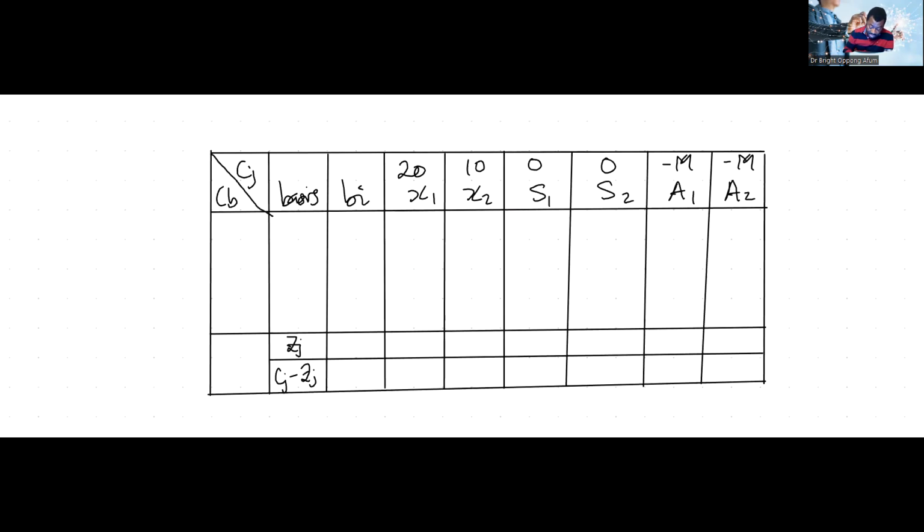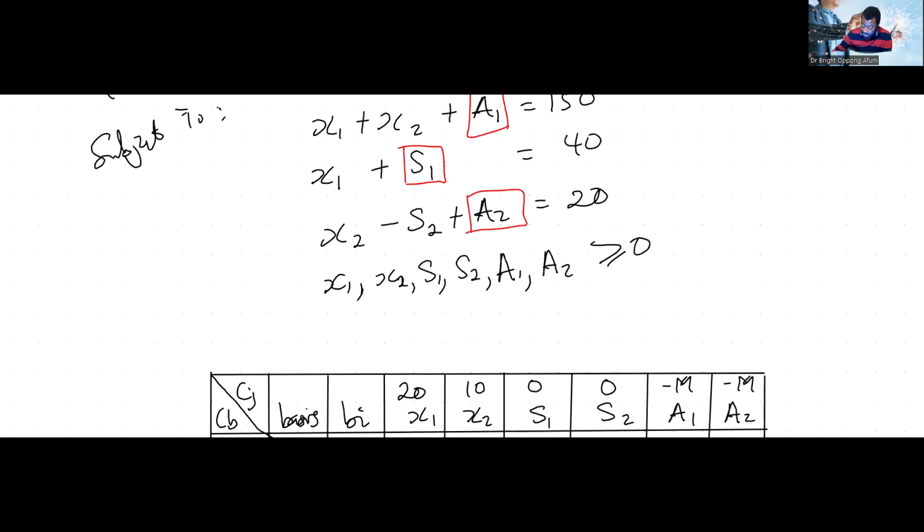So to populate that, we have A1, S1, and A2, right? And for A1, what is the coefficient here? It's negative M. S1 is 0. A2 is also negative M. All right, so what is the Bi? For the A1 it was 150, then 40, and 20.